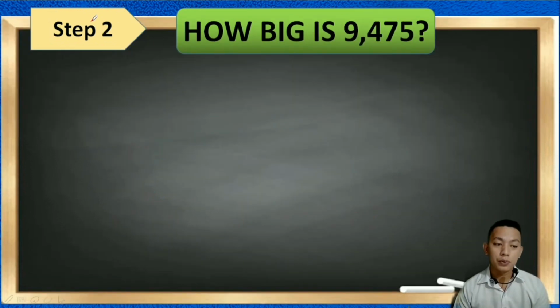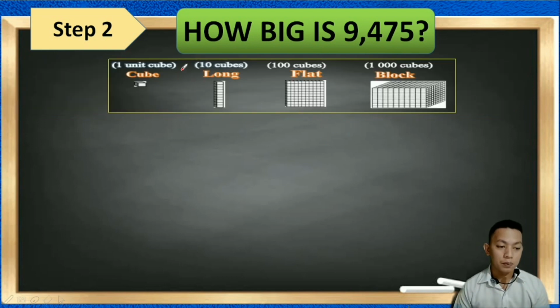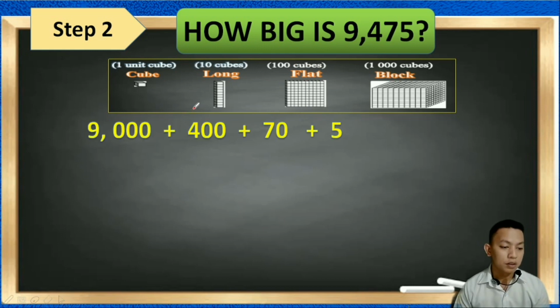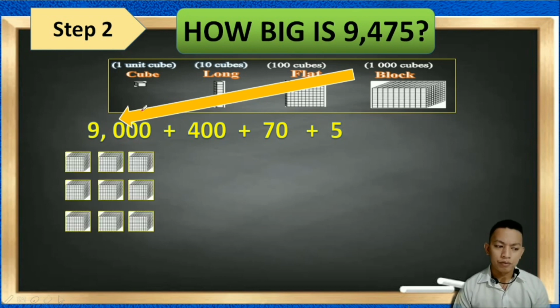Step number 2. Show the number of blocks, flats, longs, cubes that will represent each of the given numbers. So we have this representation: cube, long, flat, and block. Now, this would be your expanded form. How many blocks are there in 9,000? Very good. We have 9 blocks because 1 block is equal to 1,000.